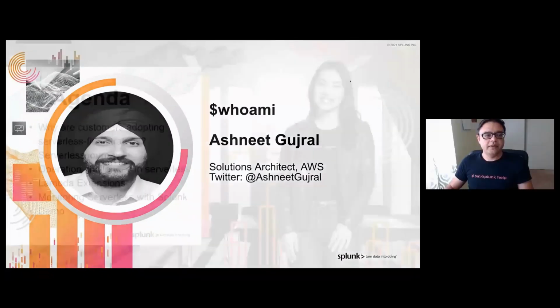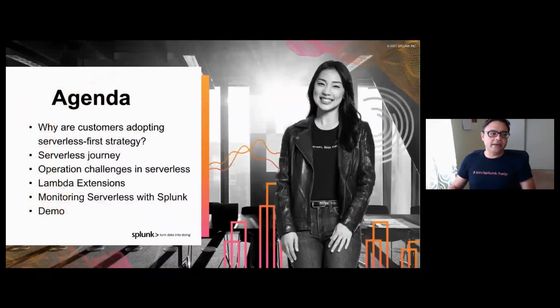Yeah. All right, so let's get started. We are going to talk about the serverless journey: why customers are adopting serverless in the first place, why they are choosing a serverless-first strategy, and what some of the operational challenges and concerns are as you adopt or modernize to serverless.